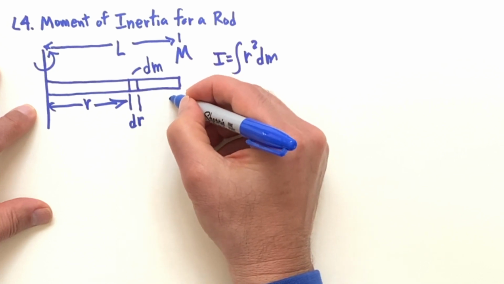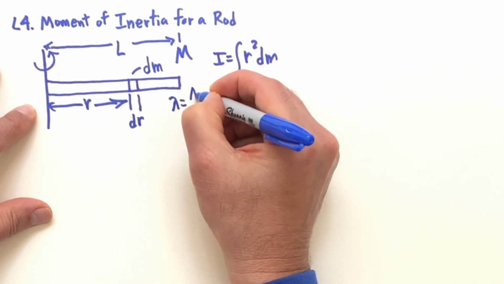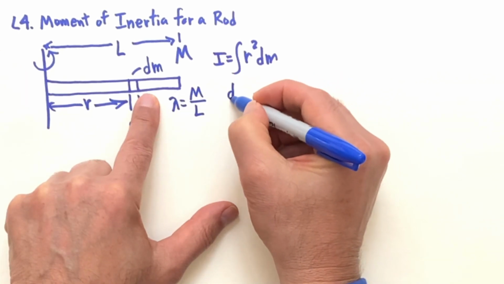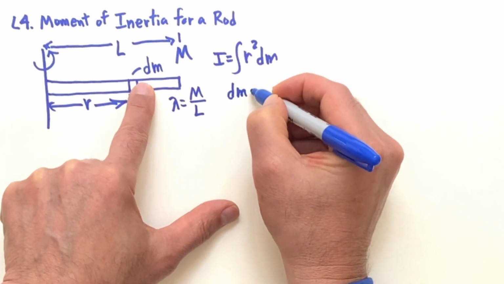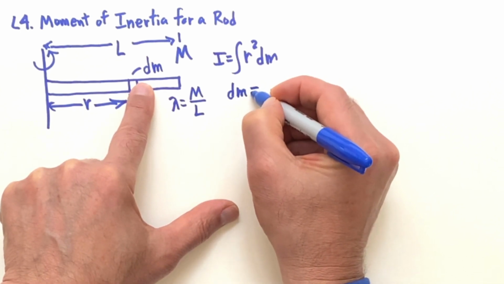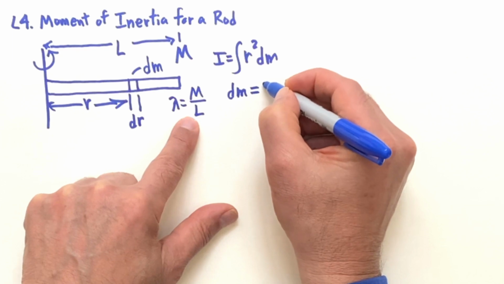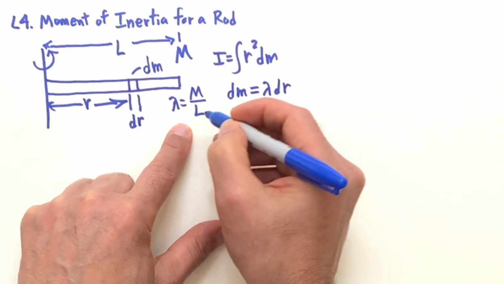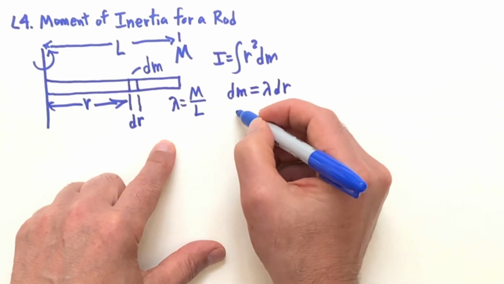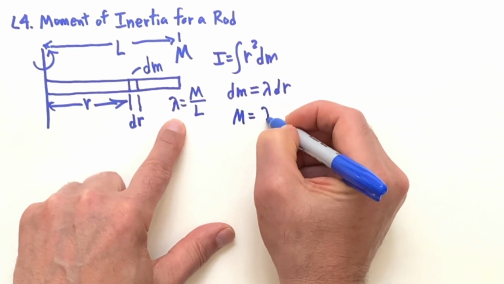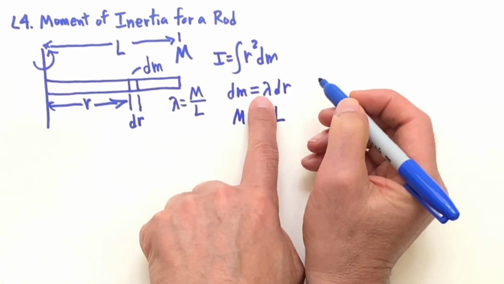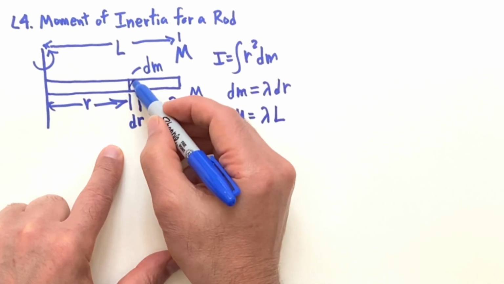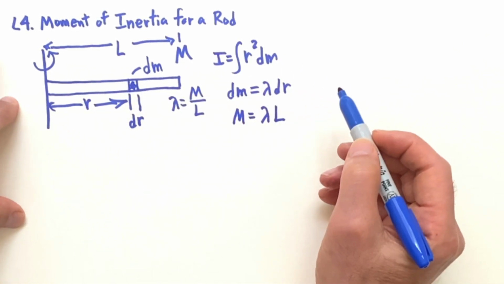I like to use lambda for linear density, and that's the total mass m over the total length L. So the piece of mass here, the infinitesimal dm, is going to be equal to lambda times dr. Just like here, the total mass is equal to lambda times the total length. This is the proportion that would be relevant for the dm, this little piece in here.